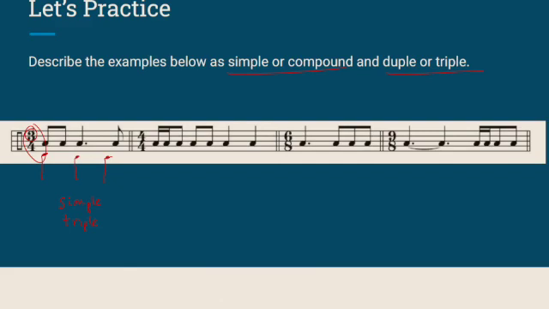If I'm looking over here, I got a 4 on the bottom, so I know that that's simple because my beat is clearly notated and divisible into 2 equal parts, or fits all into that quarter note, right? So I can say that, cool, I have a simple, and then triple or duple. Well, 4 is divisible by 2, so it's duple.